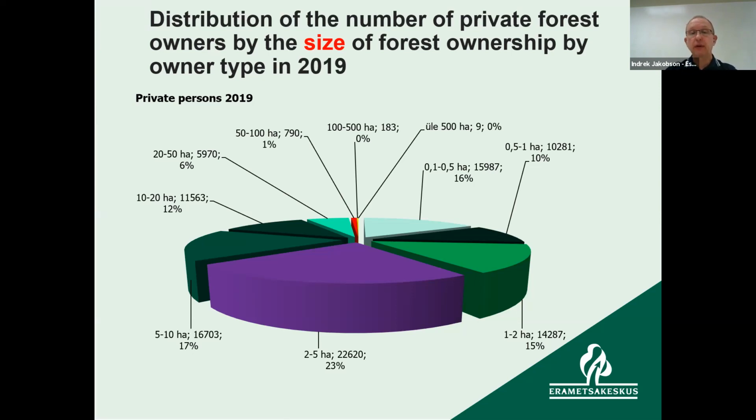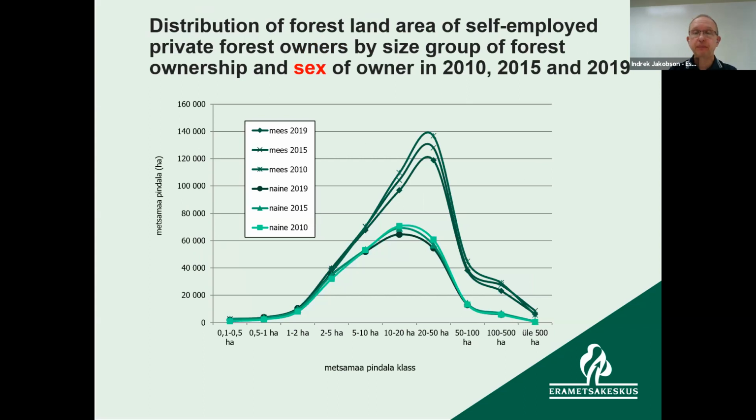So it's the first graph which shows what an Estonian forest owner looks like. If we are talking about sex of forest owners, here we can talk only about private owners, of course, not companies. We see that we have nearly 2 times more men owning forest.